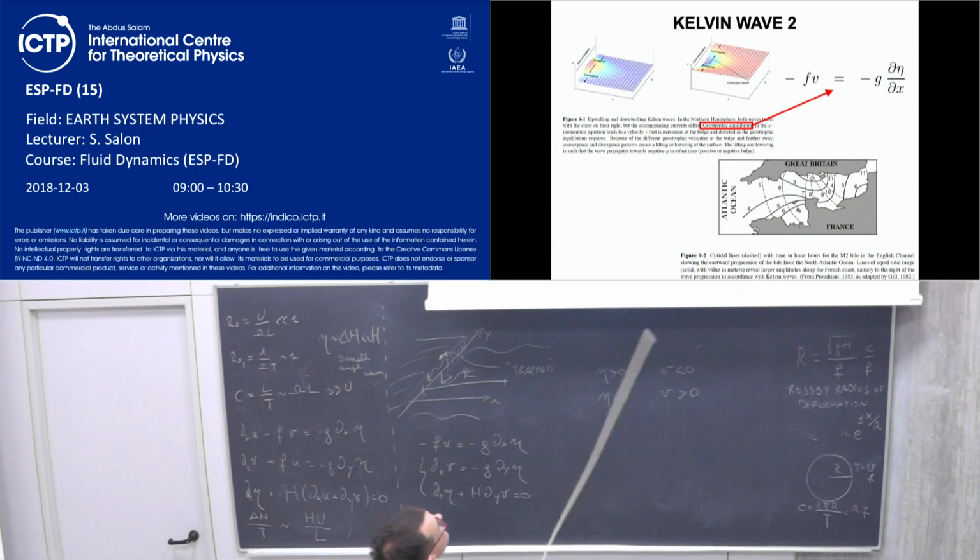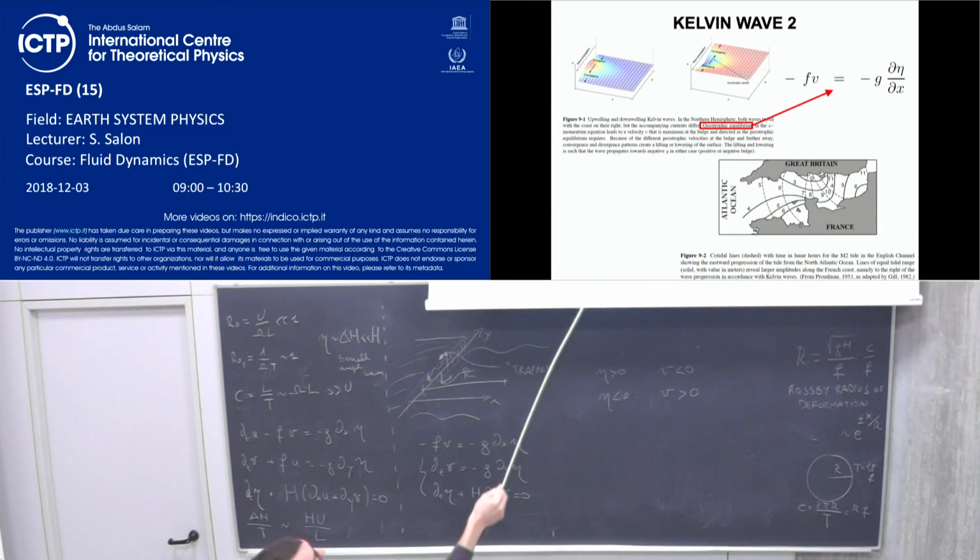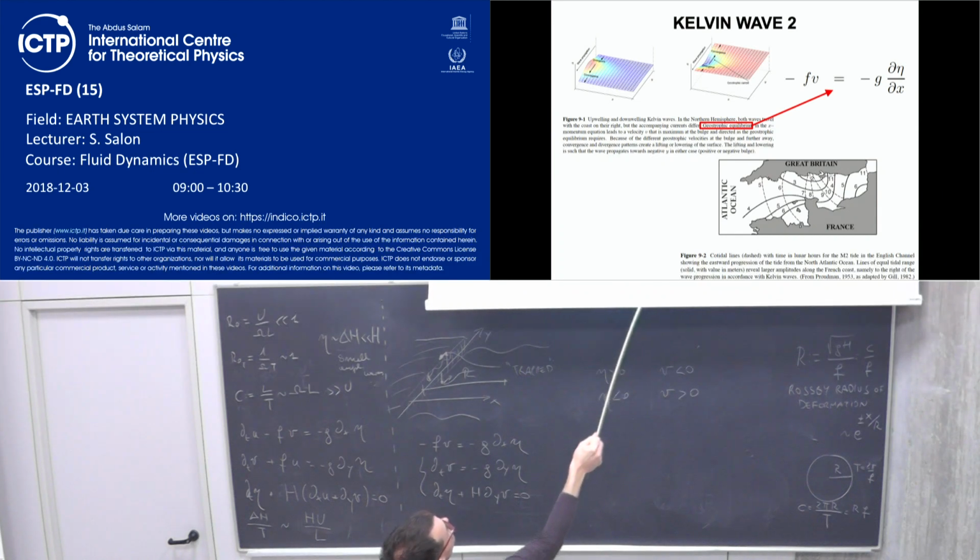When we have eta negative, we have downwelling, and the velocity is in the other direction, so it's opposite to the wave propagation. Of course, we are still looking at the northern hemisphere, because otherwise, as in the previous cases, everything will be reversed. And in the northern hemisphere, both waves travel with the coast on their right.